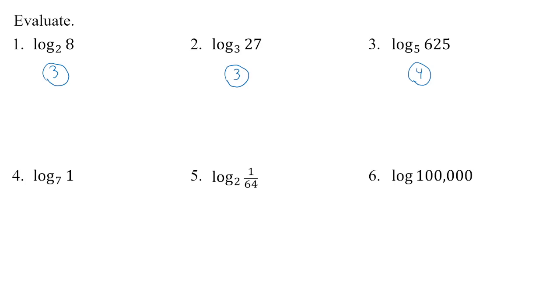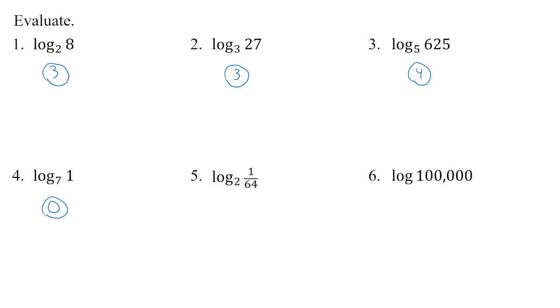Log base 7 of 1. Well, 7 to the 0th power is 1. Therefore, log base 7 of 1 is 0. Log base 2 of 1 over 64. Since it's 1 over something, we know 2 is going to be raised to a negative number to give you 1 over 64.